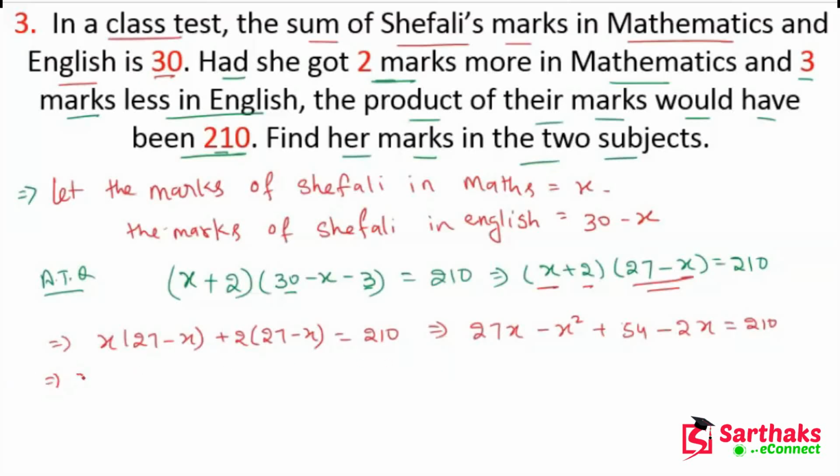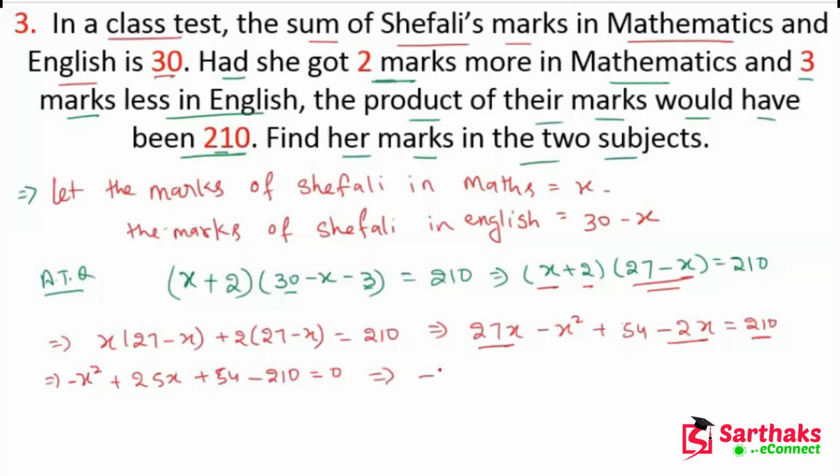Here 27x and minus 2x are like terms, so this will become plus 25x. Plus 54. Now we have to shift 210 to the LHS, so we get minus 210 equal to 0.